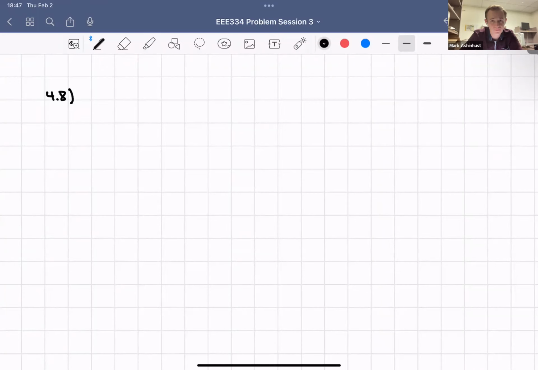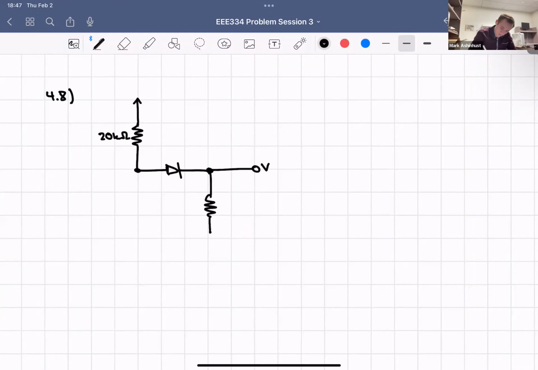Anyways, we have the first part looking, we have this, we go down, we have 20 kilo ohms. And then we have a diode to here, and then we have V out. We have that here, and that's grounded.